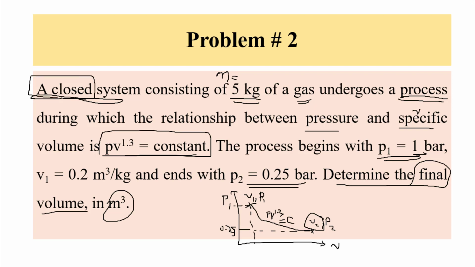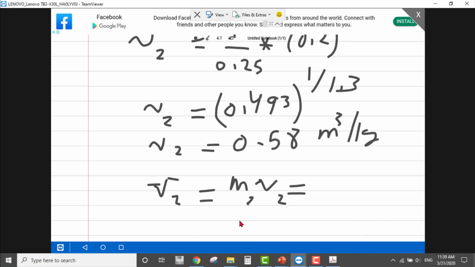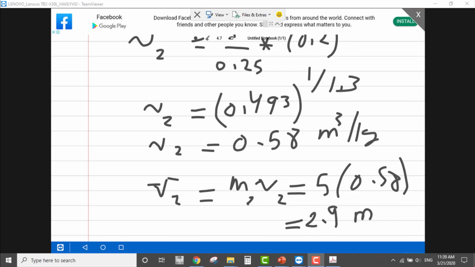Closed system means mass remains constant, so this mass is valid for m1 and m2. So this is 5 multiplied by 0.58, which is 2.9 meter cube.